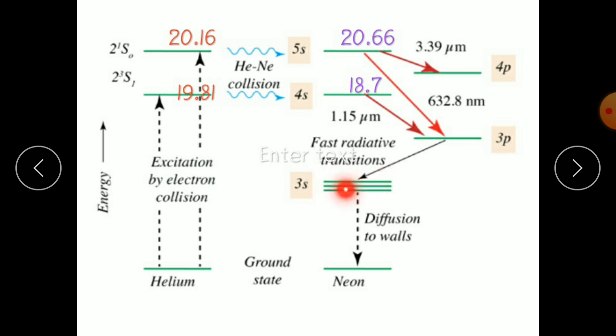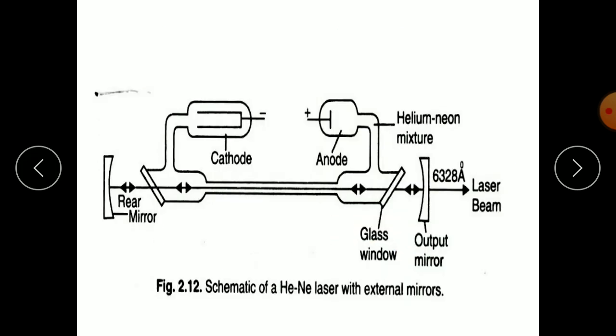This is also a metastable state, and it may happen that it emits some radiation, but the transition from 3s to the ground state of the neon atom is non-radiative. The atoms of neon lose their energy by colliding with the walls. That is why, in this diagram, you see that the tube is very narrow.